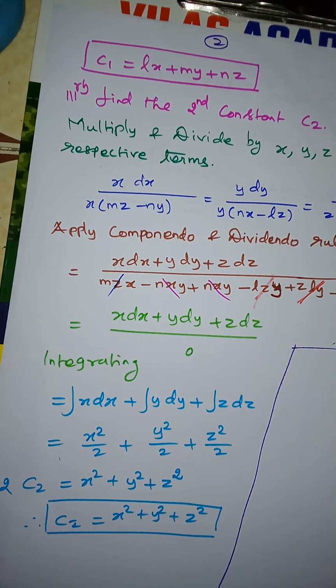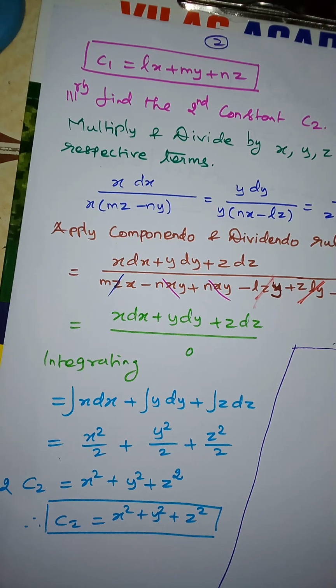Now I am going to find the second constant the same way. Multiply and divide by other constants x, y, z in the respective terms: multiply and divide by x in the first term, by y in the second term, and by z in the third term. Apply the componendo and dividendo rule. I add all the terms in the numerator, x dx plus y dy plus z dz. Similarly, the unlike terms in the denominator cancel, so it becomes 0.